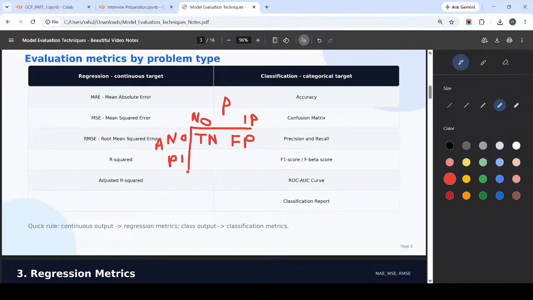Here the actual value is positive, but we are predicting negative, so this cell will contain a false negative. And here we have a true positive, meaning the actual value is positive and we are also predicting positive. So this representation is what we call a confusion matrix.